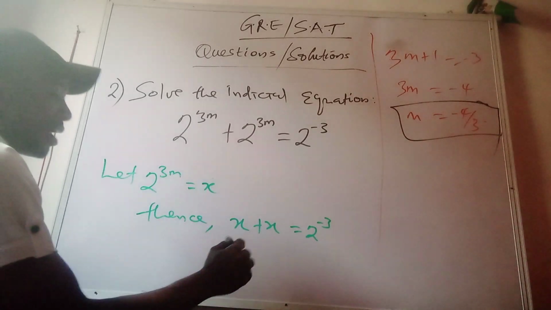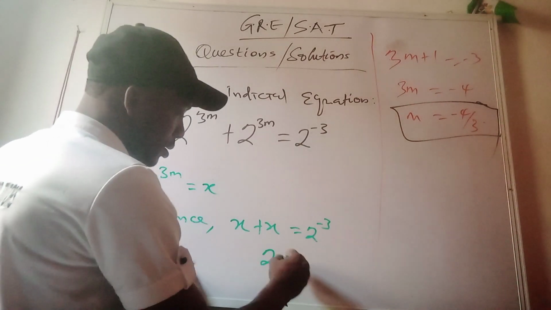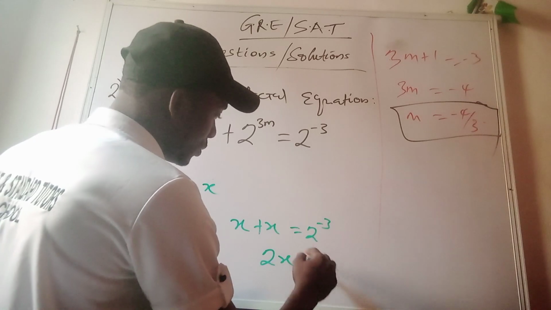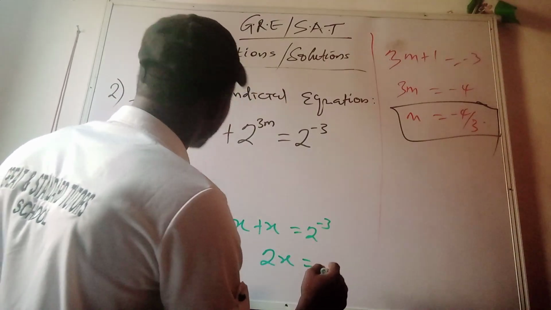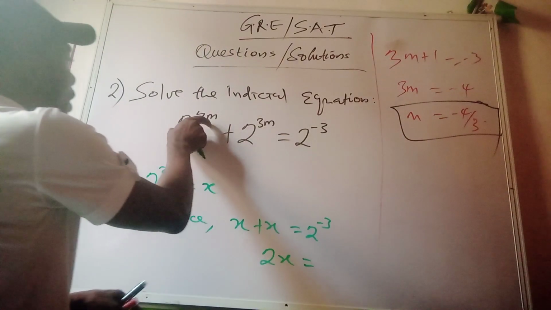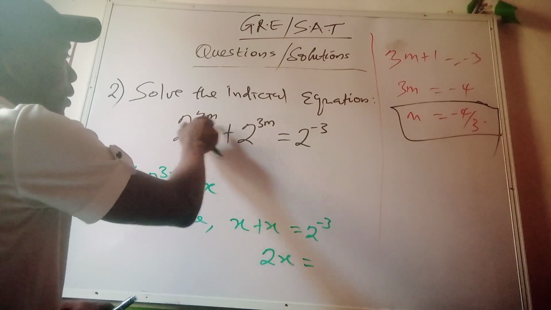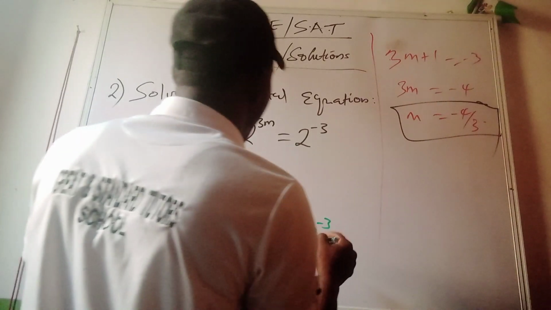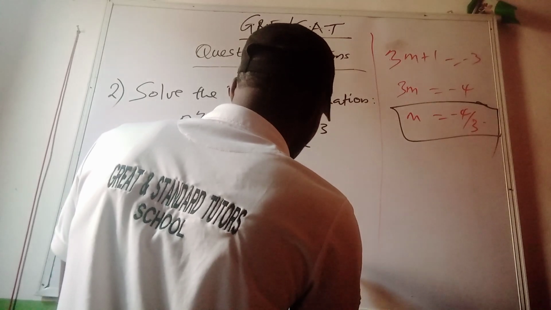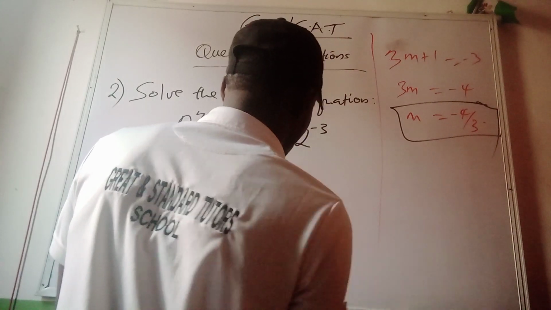So here now I'm going to be having 2x is equal to 2 raised to power minus 3.